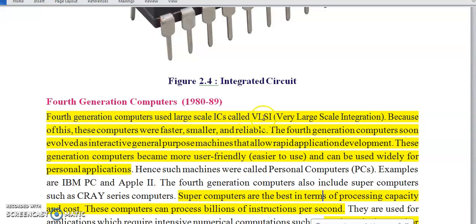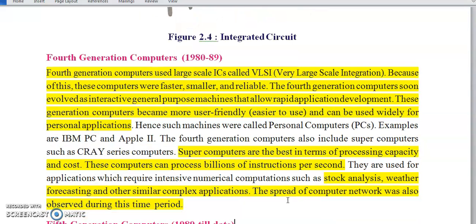The fourth generation also includes supercomputers such as the Cray series computers. Supercomputers are the best in terms of processing capacity and cost. These computers can process billions of instructions per second. Billions means not only 100, 1000 or lakhs.